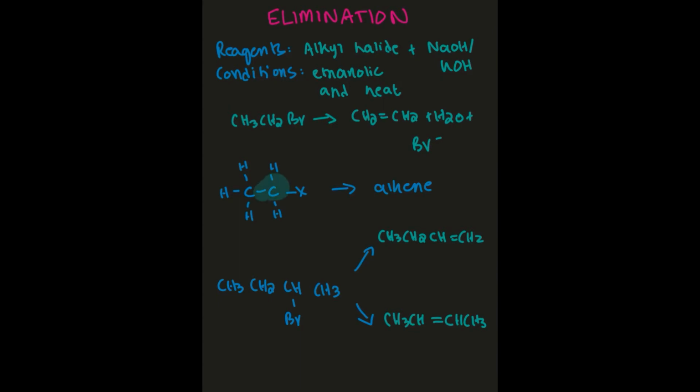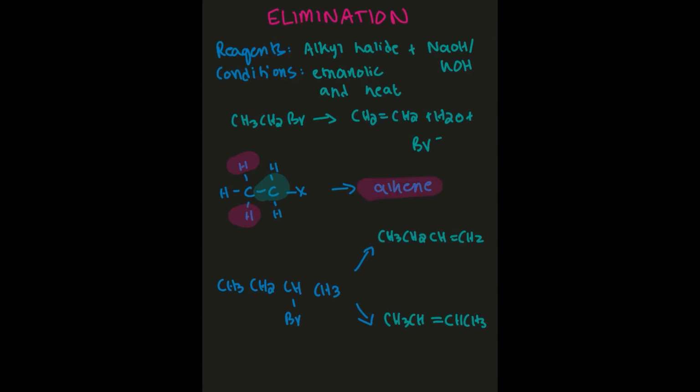I've highlighted that over here. After that, you look at the adjacent carbon atom and the hydrogens attached to it. In this case, these 2 hydrogens are attached to the adjacent carbon. You remove any one of these hydrogens to get the corresponding alkene.